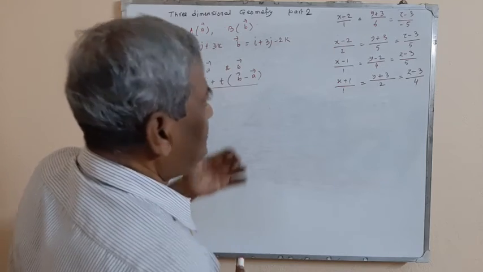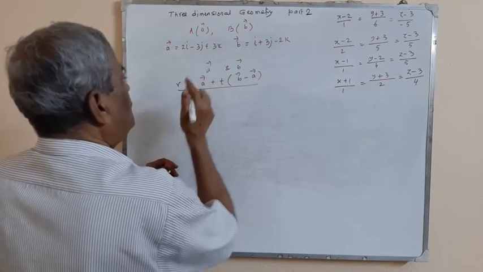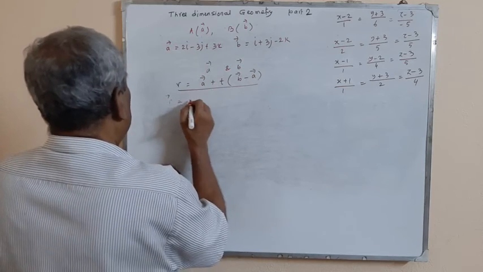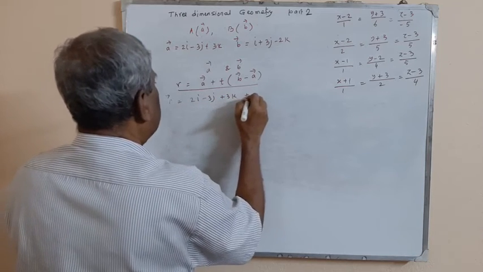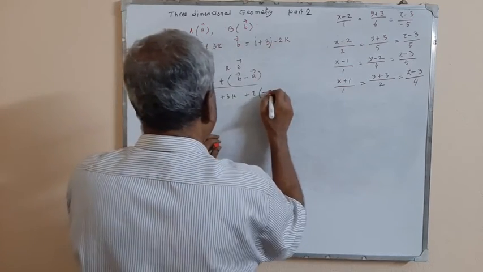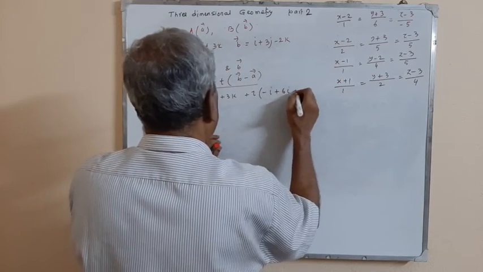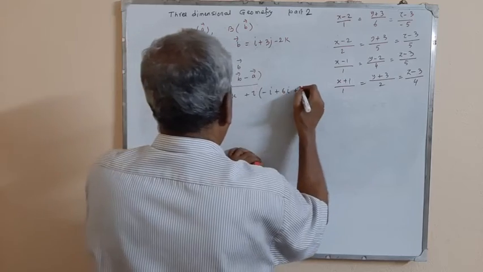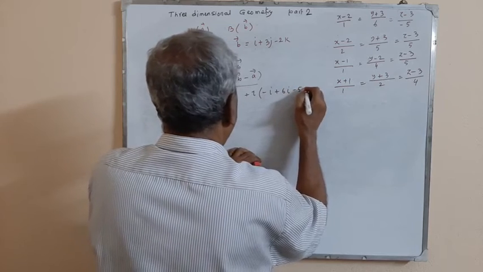Here, r vector is equal to A vector, that means 2i minus 3j plus 3k, plus t into B minus A vector: this minus that, that is i, 3 minus minus 3, plus, minus 2 minus 3, that is minus 5k.